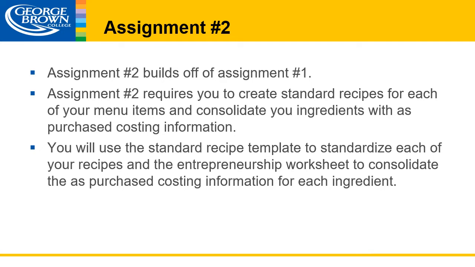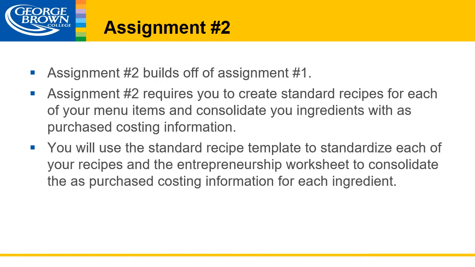If you have a steak dinner on your menu, you're not going to standardize a recipe that creates 10 portions because you don't cook 10 portions at once. In creating these standard recipes, you're going to be using the standard recipe template that's posted to Blackboard. It's an Excel spreadsheet that contains all the columns you need to communicate exactly how your recipes are created.